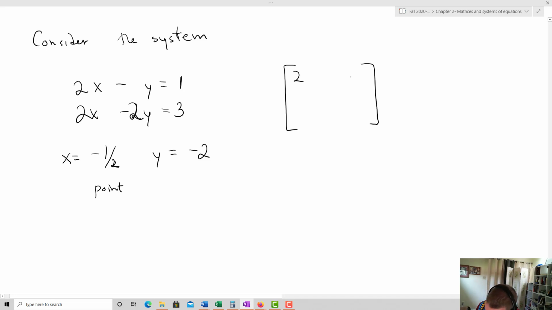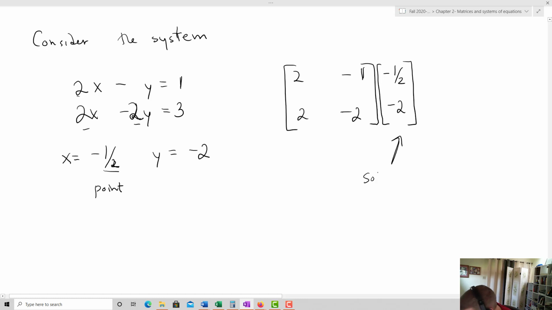So now I have 2, negative 1, 2, negative 2. Those are the coefficients, and they give me my coefficient matrix. I'm going to multiply that by x, y. But instead of x, y, I'm actually going to put in my values for x and y that I've got as the solution to the system. All right, there's our vector of unknowns, but now it's going to be thought of as a solution vector.